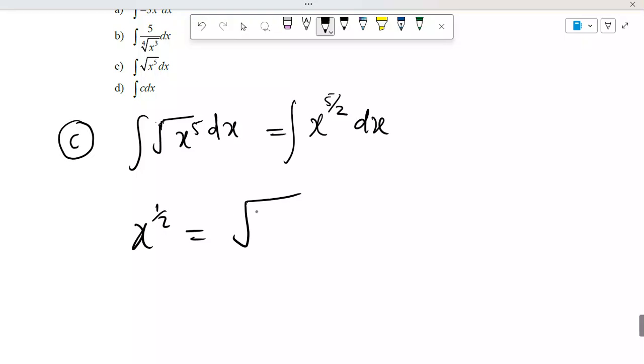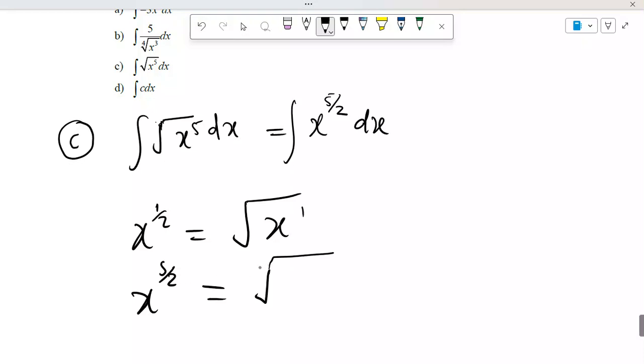We can't write it here because this already means square root. So we only write numbers from 2 going up, like maybe 2.1, 2.2.